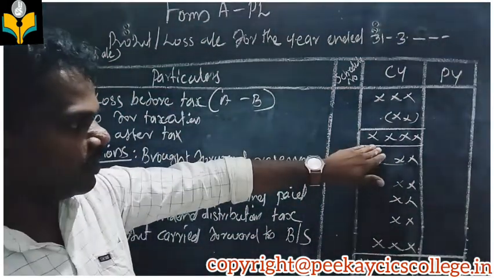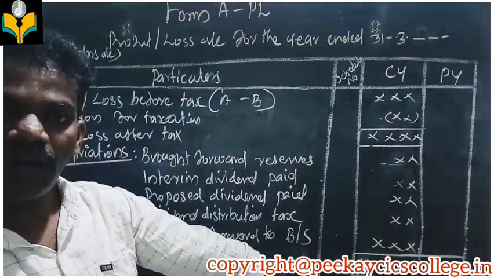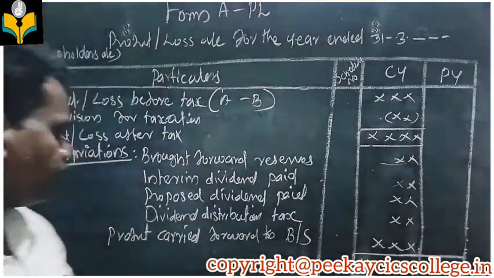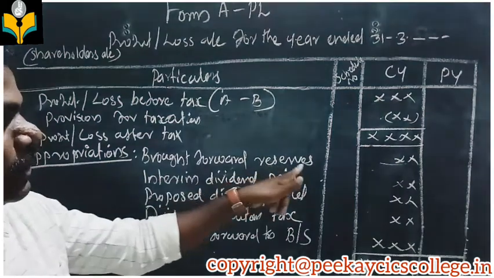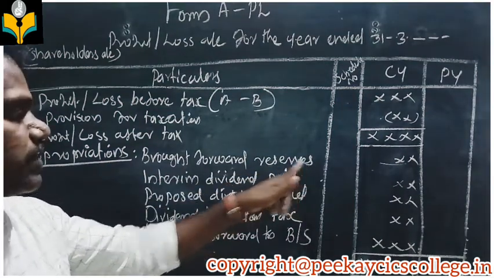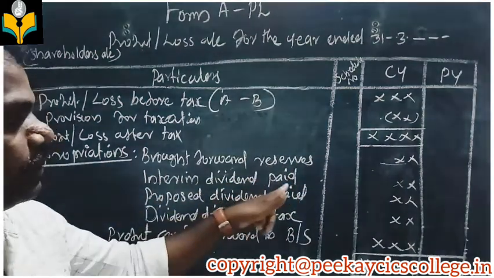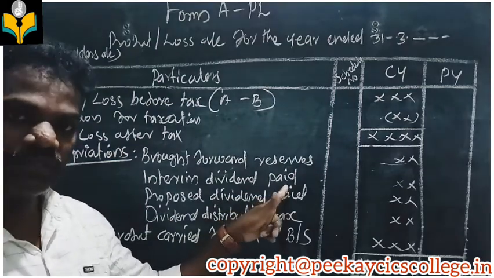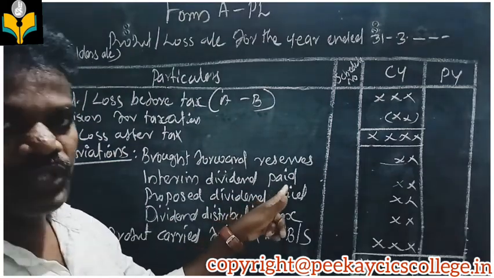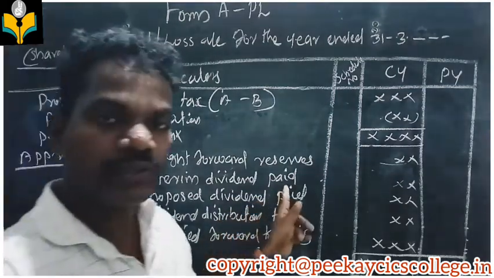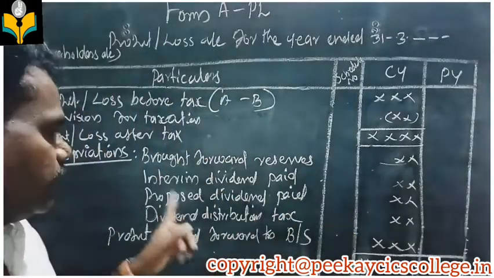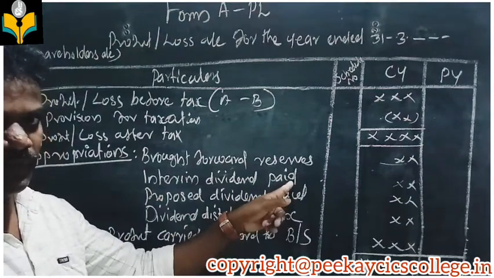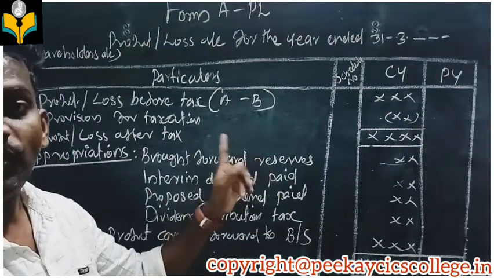Then the same amount should be shown under this head. Then appropriations: transfers to reserves, interim dividend paid. What do you mean by interim dividend? The dividend paid to shareholders in between two annual general meetings is called interim dividend. It is also from the shareholders account.